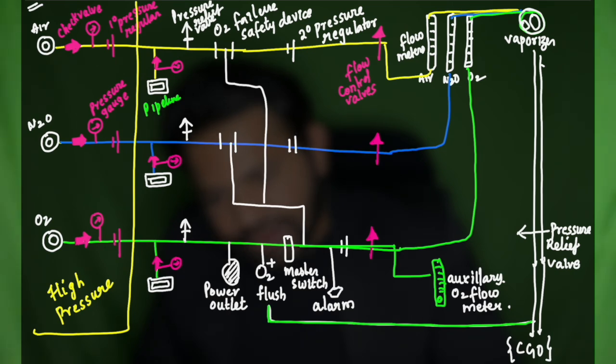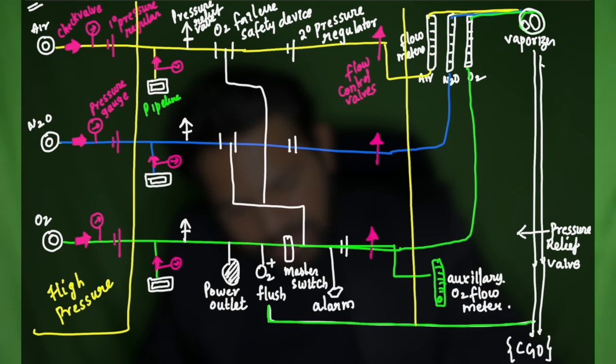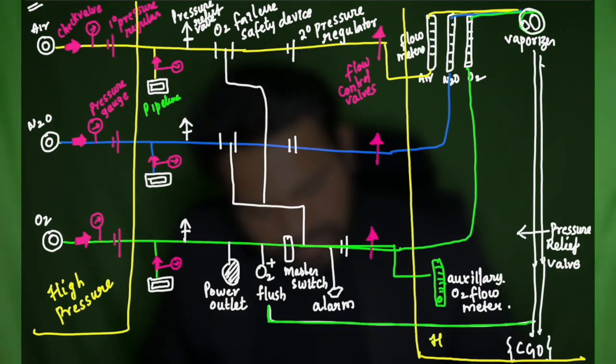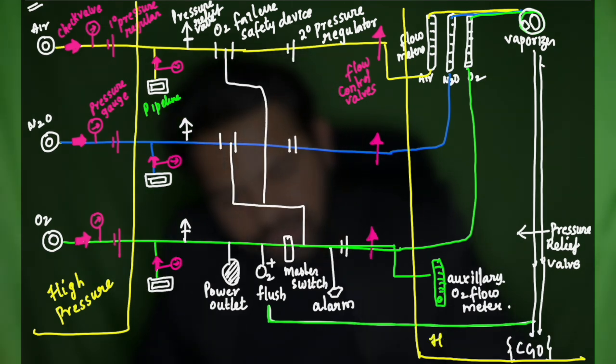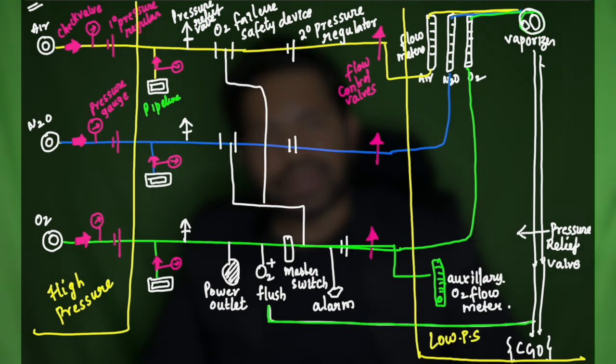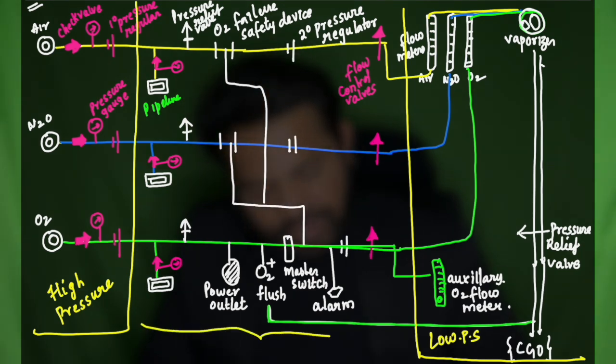Now if I draw a line before the flow meters, then this part is nothing but your low pressure system. Now whatever is left in between will come under your intermediate pressure system.